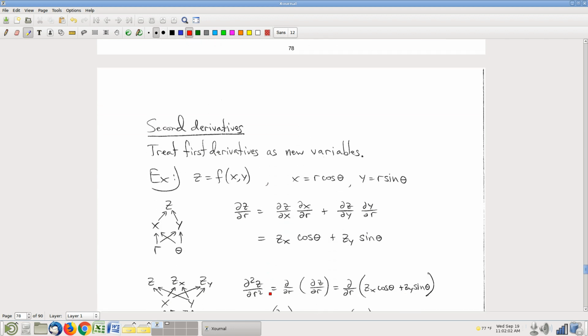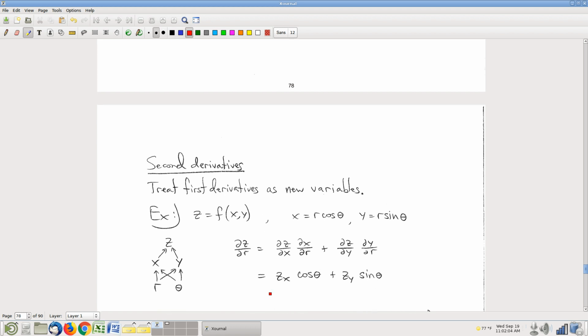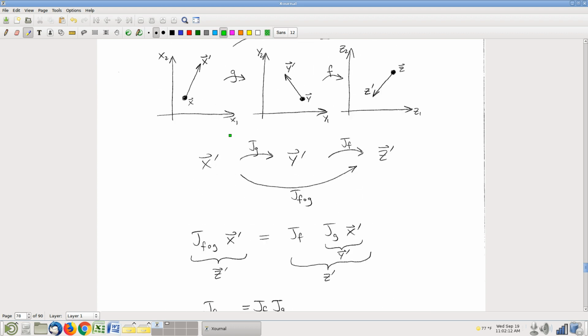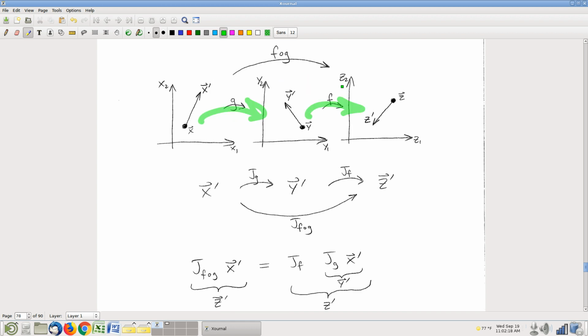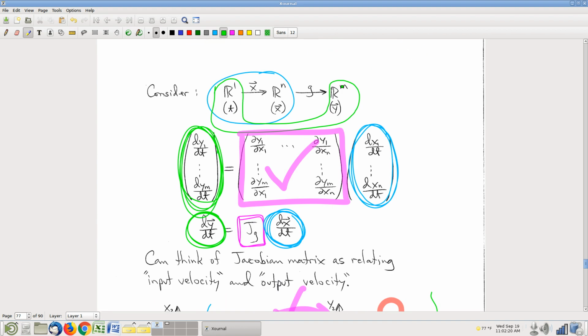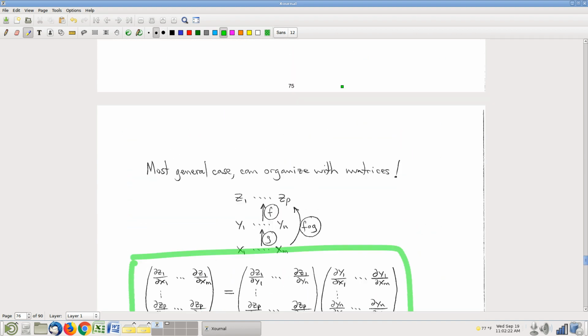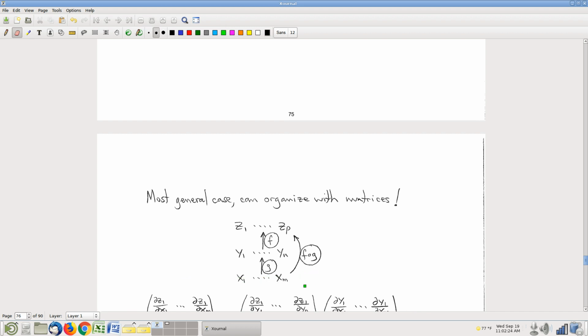Okay, so let's talk about second derivatives. By the way, something I've been wanting to mention, and I forgot earlier, but you'll notice that sometimes I'll write these compositions kind of horizontally, whereas sometimes I'll write the compositions kind of vertically. There's no particular reason.